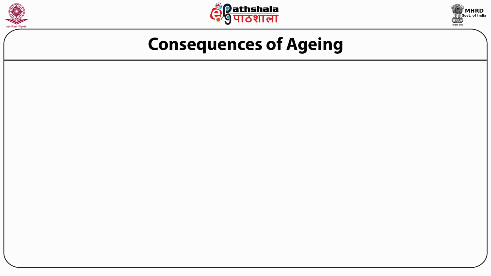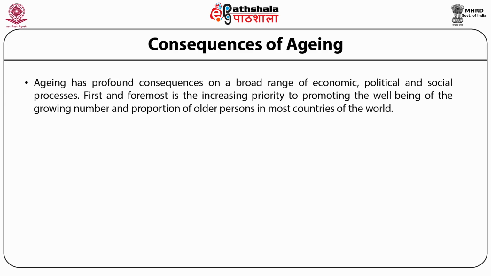Consequences of aging. Aging has profound consequences on a broad range of economic, political, and social processes. First and foremost is the increasing priority to promoting the well-being of the growing number and proportion of older persons in most countries of the world.